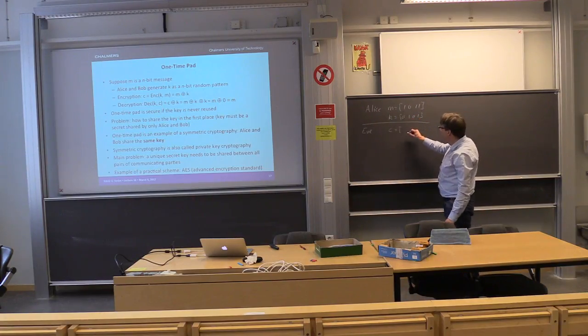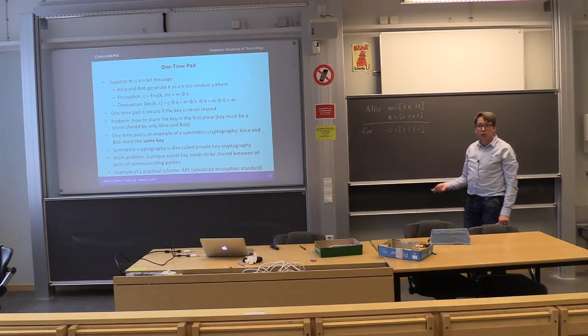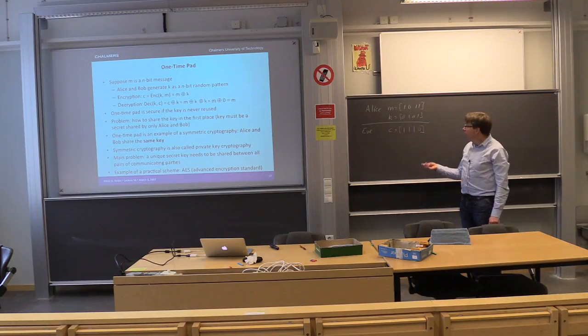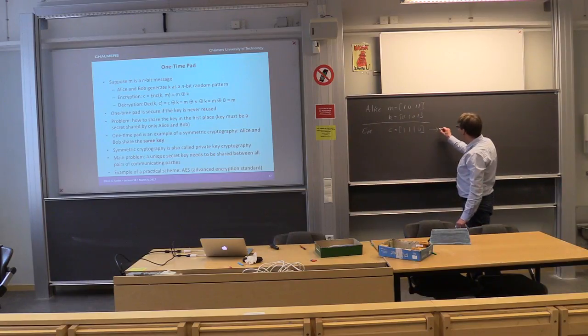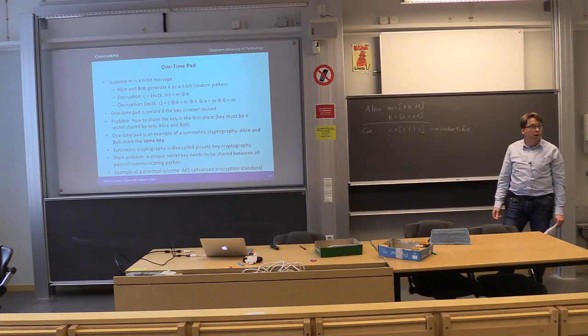So 1 XOR 0 becomes 1, 0 XOR 1 becomes 1, 1 XOR 0 becomes 1, 1 XOR 1 becomes 0. Okay, so this is what Eve sees, and for Eve, this is random.